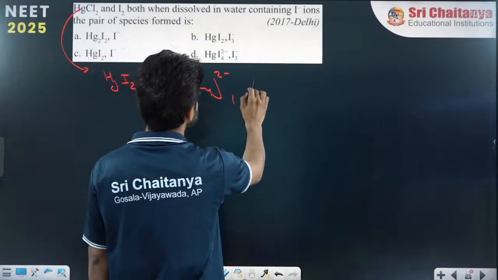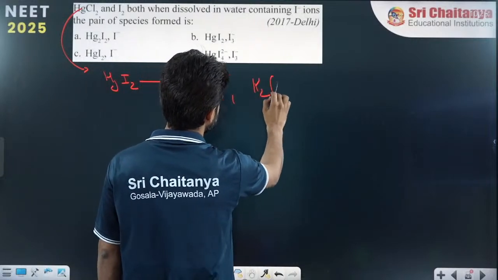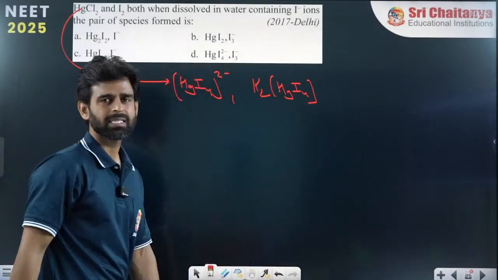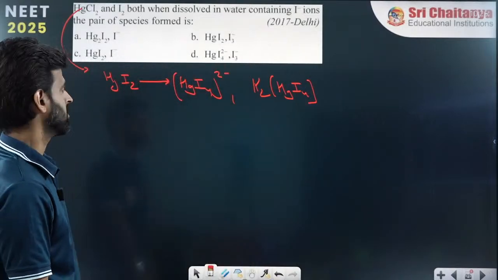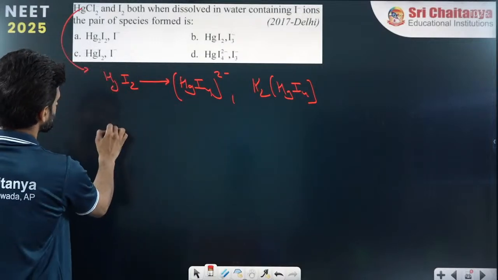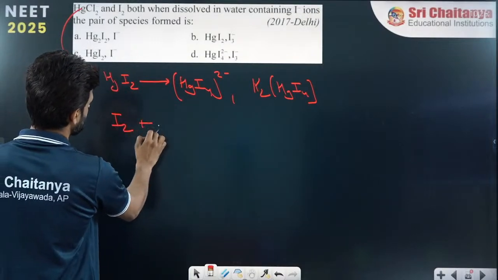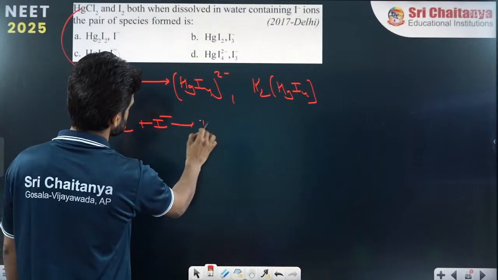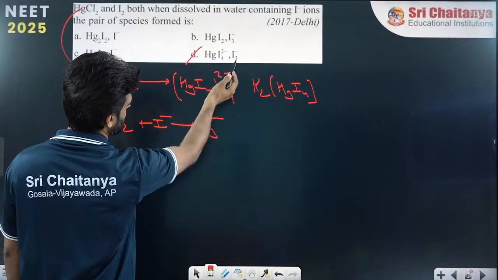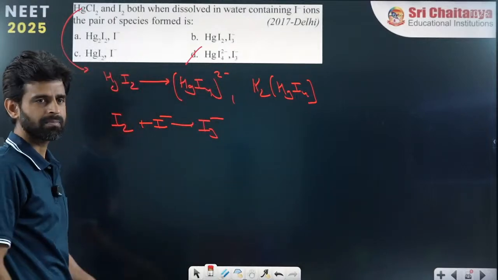Maybe you have seen this way sometime, K2HgI4, Nessler's reagent, right? In testing of ammonia we can find this. And one more thing here, I2 combined with I minus to become I3 negative. So finally gives us HgI4 2 negative and I3 minus, right? Just reaction based question.